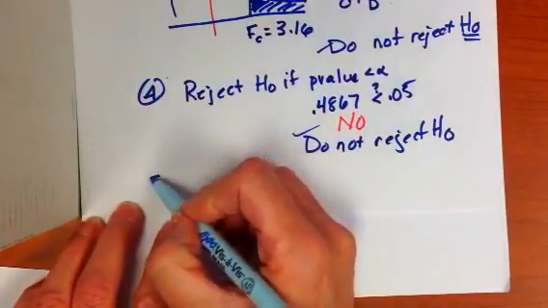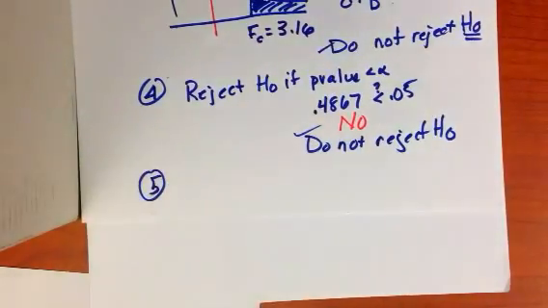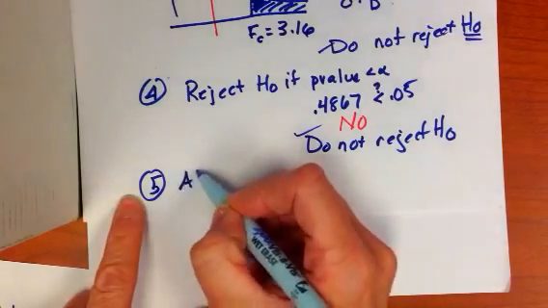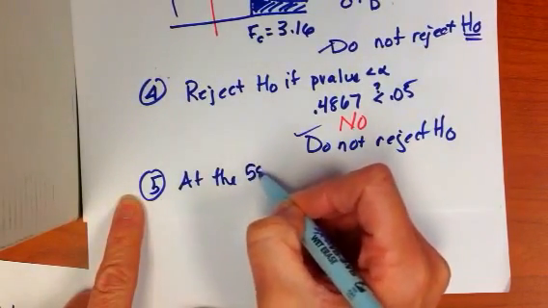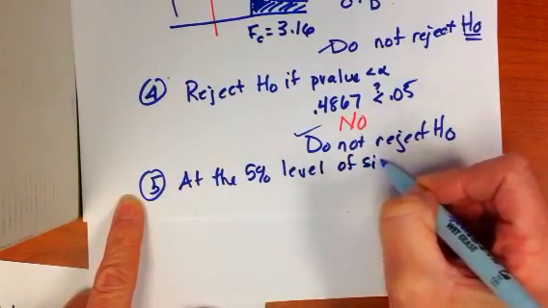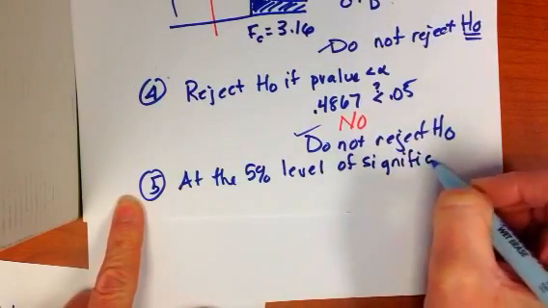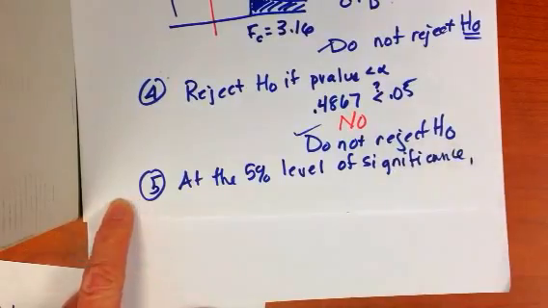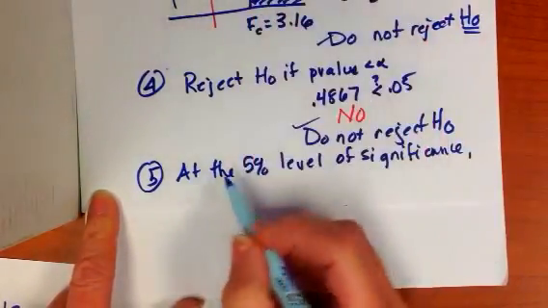So our conclusion then is, at the 5% level of significance, we can say this the same way as we had done before. Just be a little careful that you don't go back exactly like the problem is saying, because they were talking about the null.